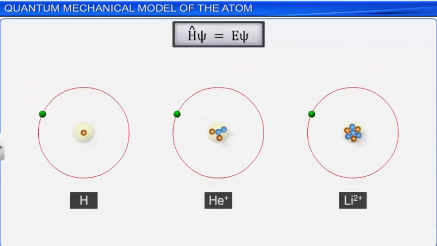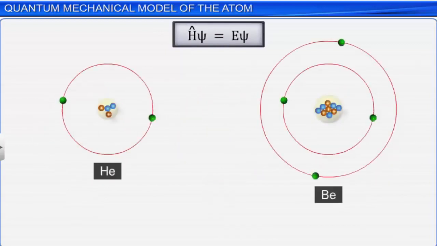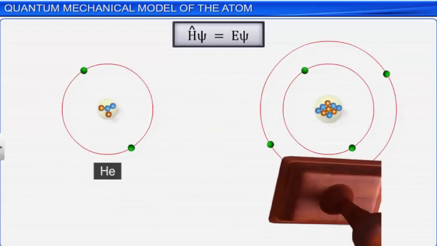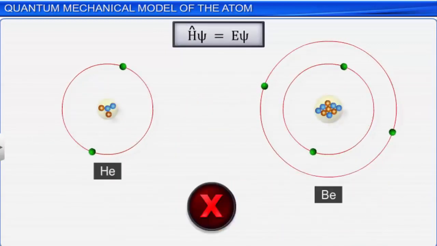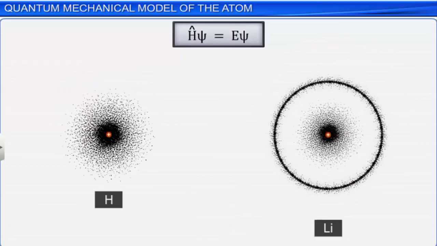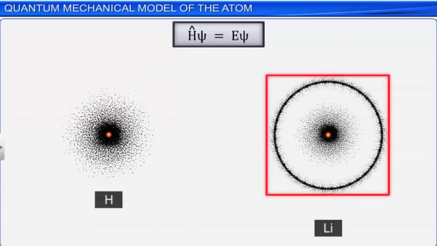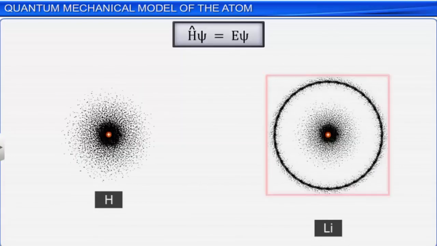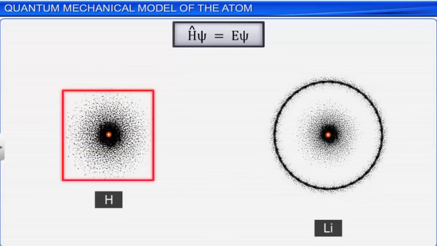Schrödinger wave equation can successfully explain all aspects of hydrogen and hydrogen-like species. It, however, cannot be completely solved for multi-electron atoms. Such calculations show that the orbitals of multi-electron atoms are similar to the orbitals of hydrogen atom in most aspects.